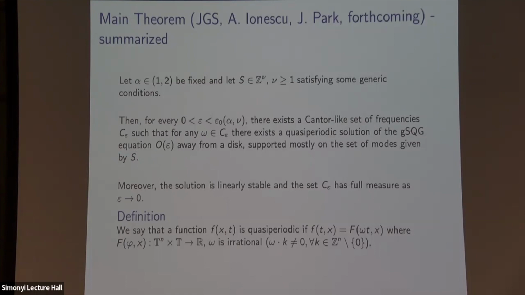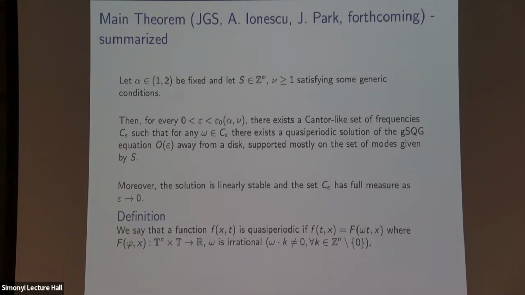So essentially you can excite any or almost any set of modes for any equation in this range, and you can find a quasi-periodic solution. The solution is linearly stable, and this set C epsilon has full measure. So pretty much you can realize any frequency as epsilon goes to 0. The set of frequencies that you can realize versus the total set of frequencies goes to 1.